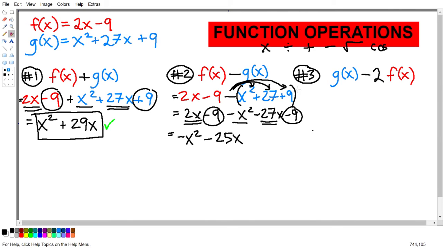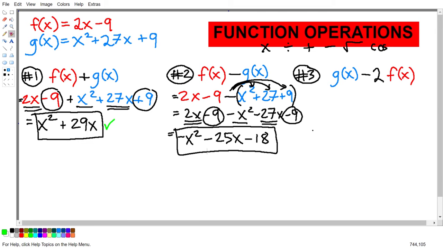This is a big difference than if we did not have parentheses. So negative 9 plus 9, or sorry, negative 9 what? Yeah, negative 9 minus 9 will be negative 18. And this is the correct answer for when I subtract the two functions.